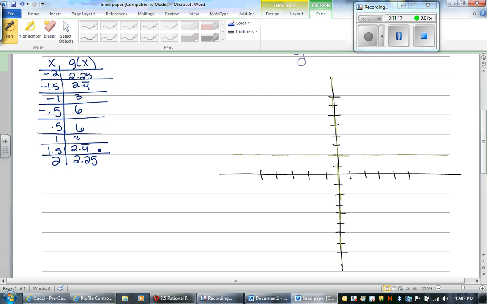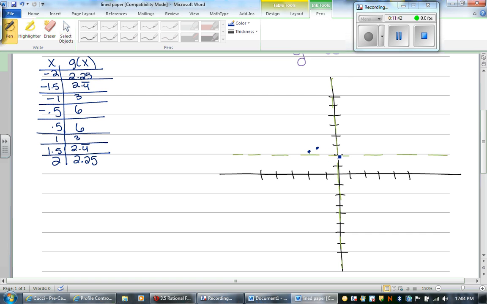And now we're going to go ahead and graph. So at -2, I have the value of 2.25. So -2, 2.25. Maybe right here. It's above that asymptote. -1.5. It's a little bit higher. Okay. -1.